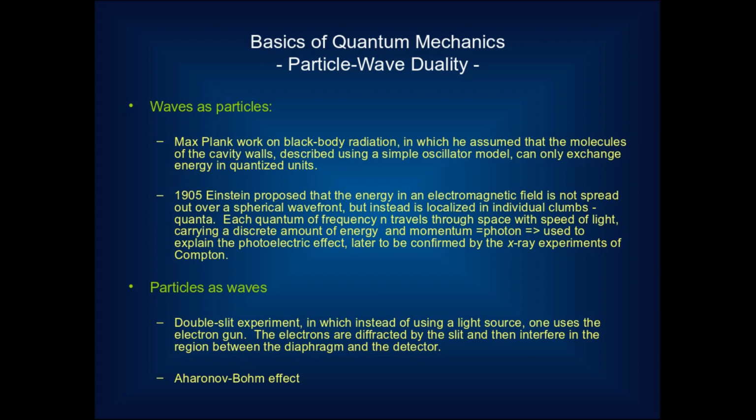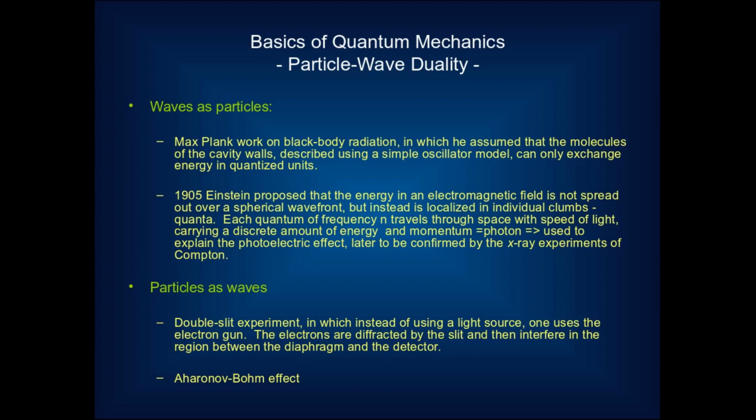In 1905, Einstein proposed that the energy in an electromagnetic field is not spread out over a spherical wavefront, but is instead localized in individual clumps, called quanta. Each quantum of frequency nu travels through space with the speed of light, carrying a discrete amount of energy and momentum, and is called a photon. This was used to explain the photoelectric effect, later confirmed by Compton's X-ray experiment.